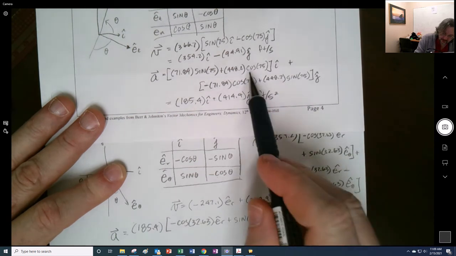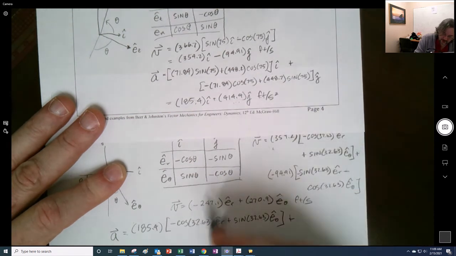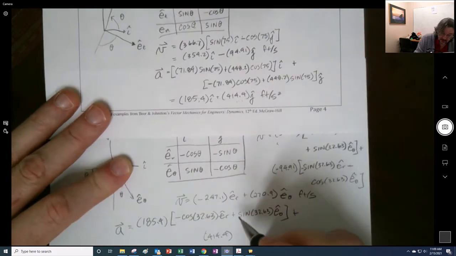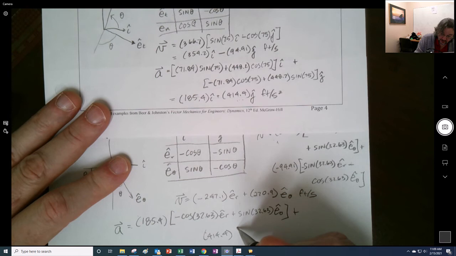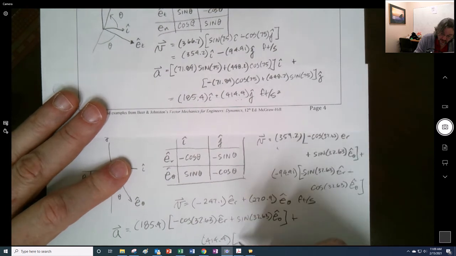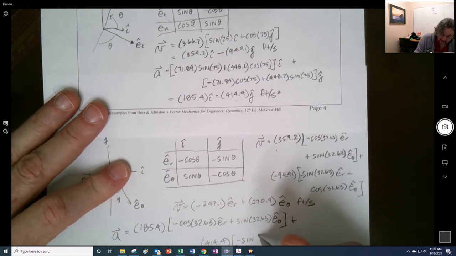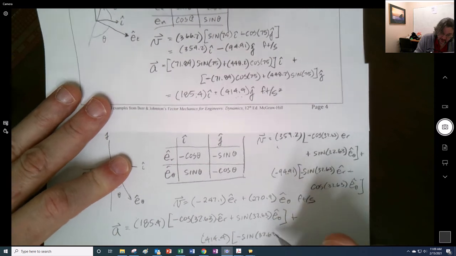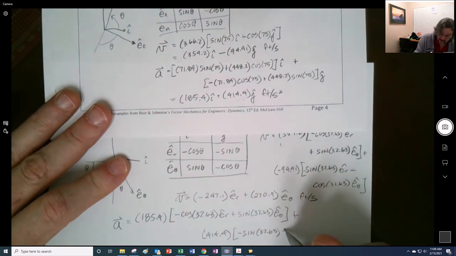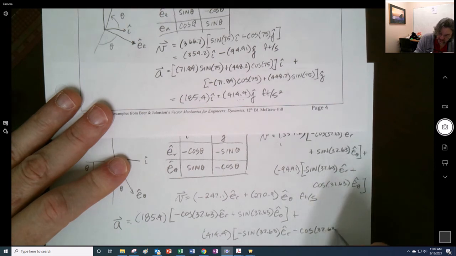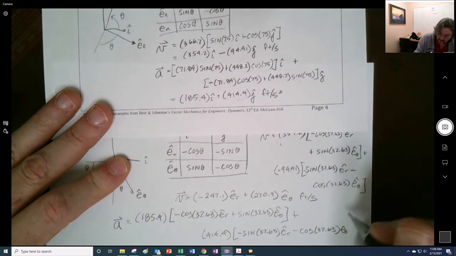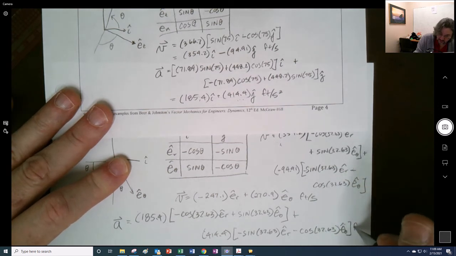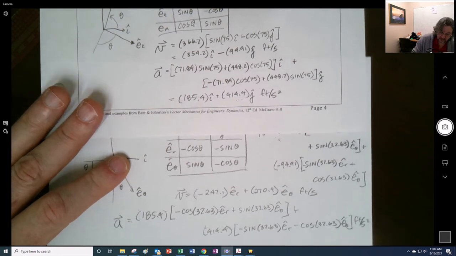and then take this right here, our 414.4, and multiply it by this column right there, minus sine 32.63 ER, and then minus cosine of 32.63 E theta feet per second squared.